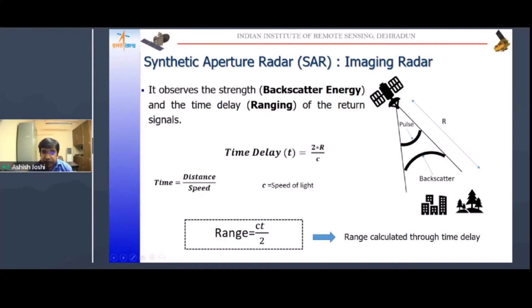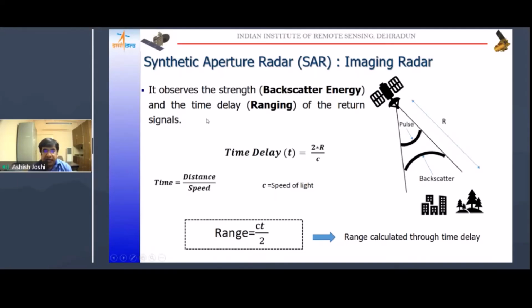Then we calculate the range as R = ct/2. The factor 2 is there because the signal travels this distance twice. So 2R is the distance, c is the speed of light, and t is the time taken. Putting this in the formula, we get the range as ct/2. This is the range which we calculate for the SAR sensor.